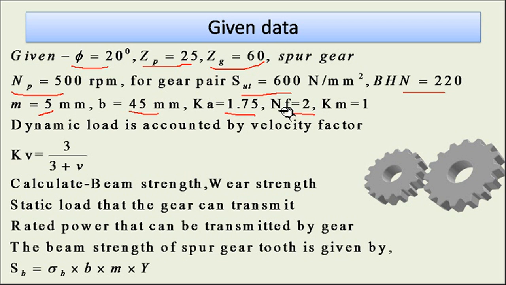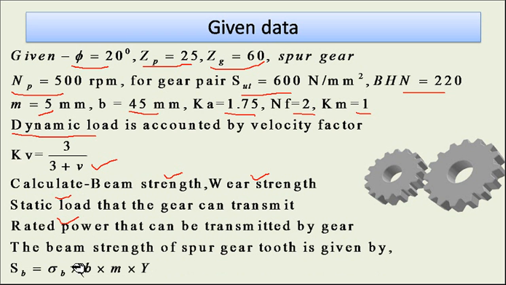Factor of safety is 2, notation Nf for this, and load distribution factor is 1, as it is said, unity. As you are going to calculate the dynamic load by using the velocity factor, the velocity factor is specified in the problem statement, that is 3 upon 3 plus V, and these are the things that you have to calculate: beam strength, gear strength, static load that the gear can transmit, and the rated power that can be transferred by this gear.